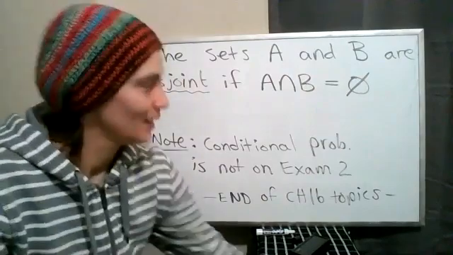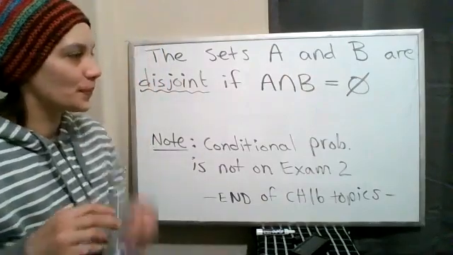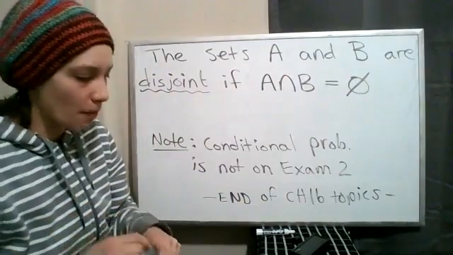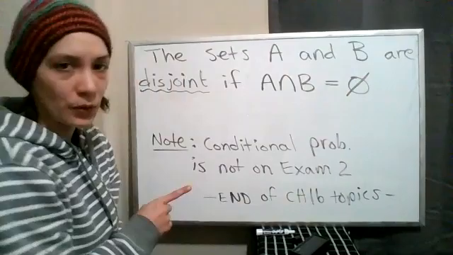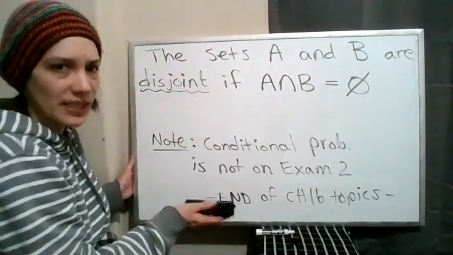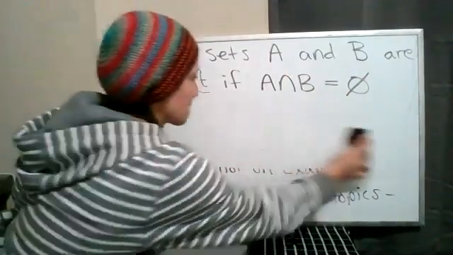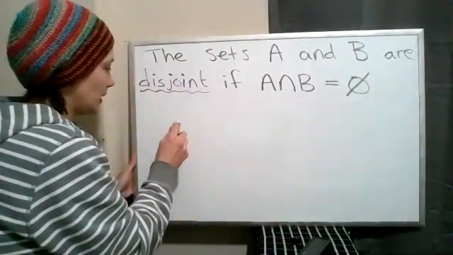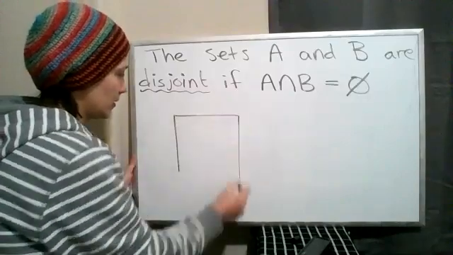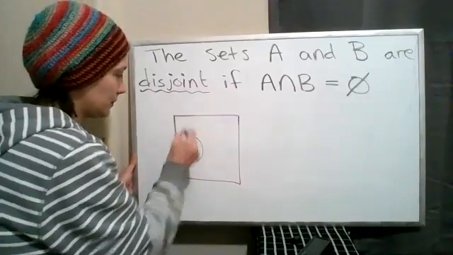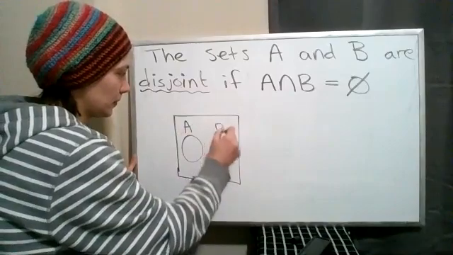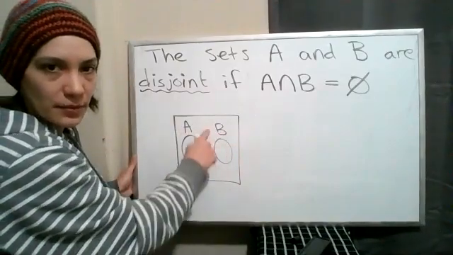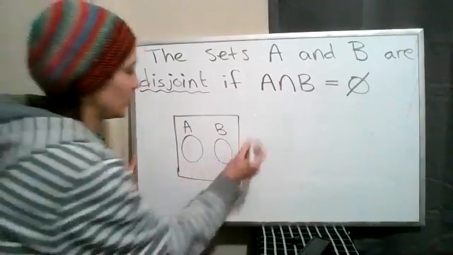Let's see. And we'll draw a picture and then we'll do examples. Okay, so if you can draw the picture this way with nothing shared in the sets, then they're going to be disjoint.